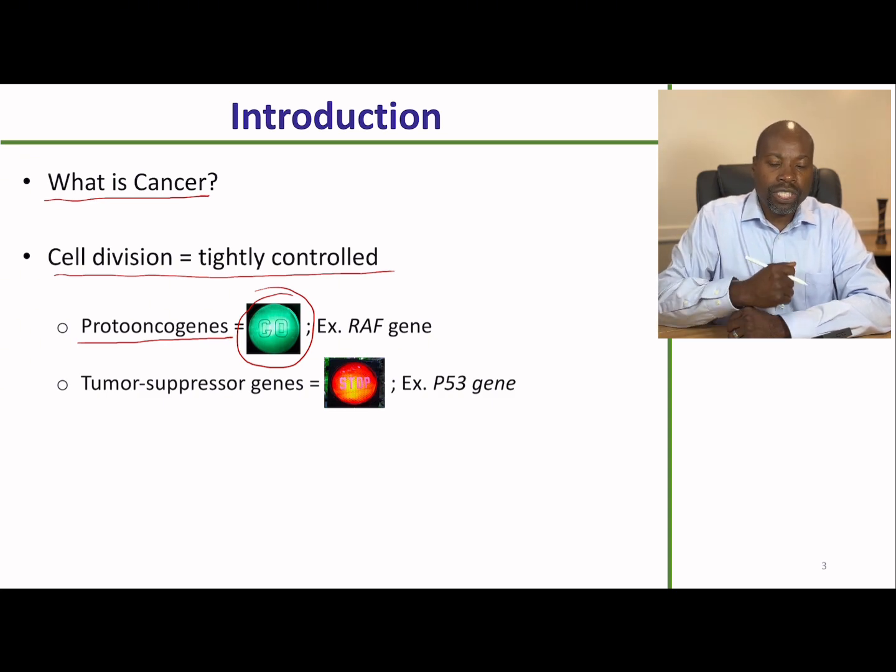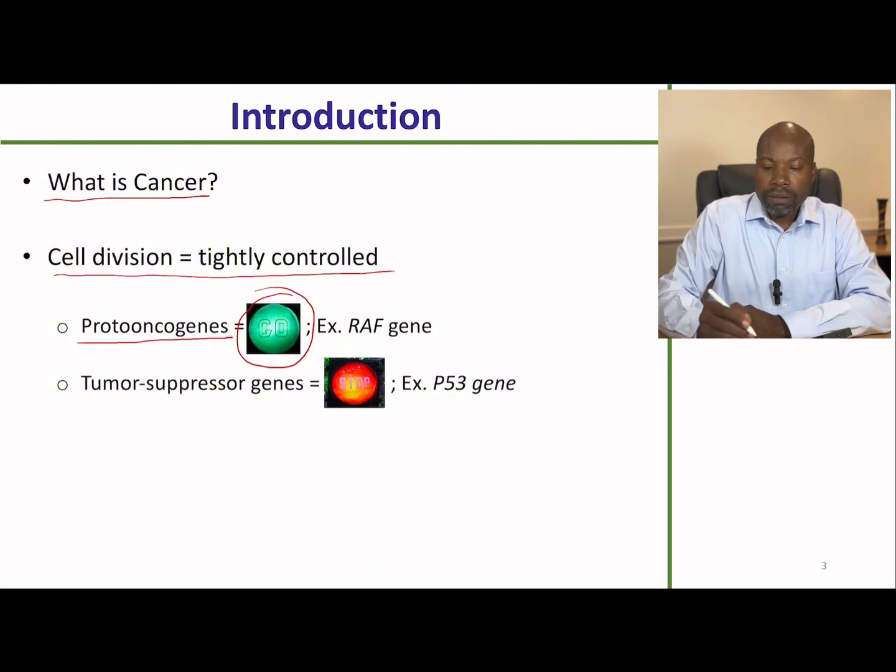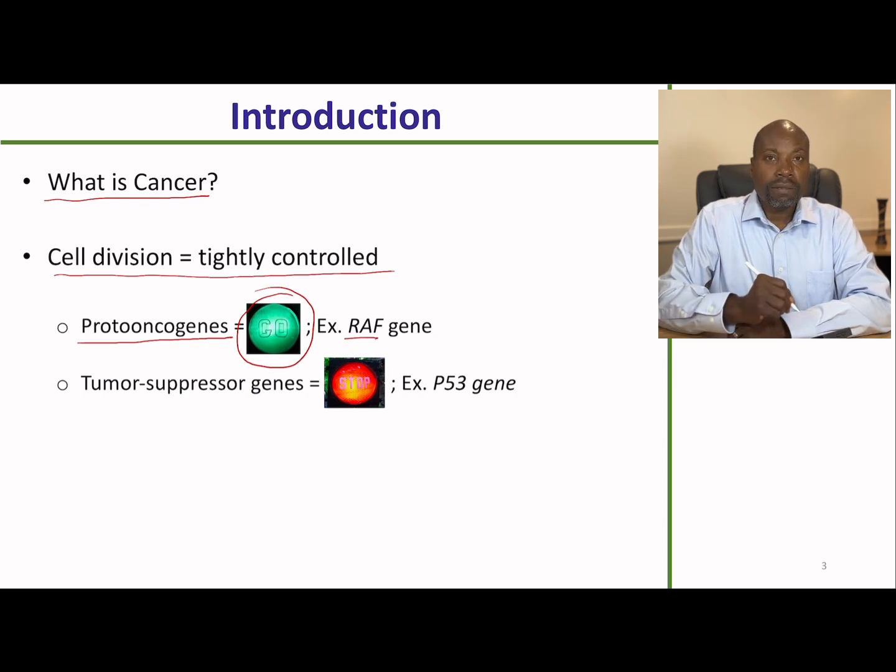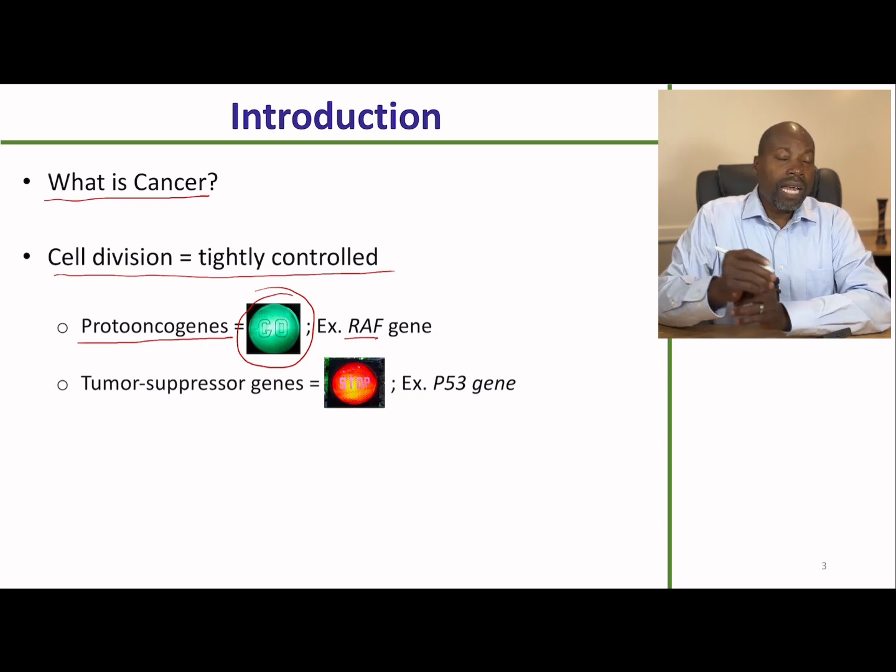Some examples of genes that stimulate cell division are the RAF gene, right? So that's an example of one gene.